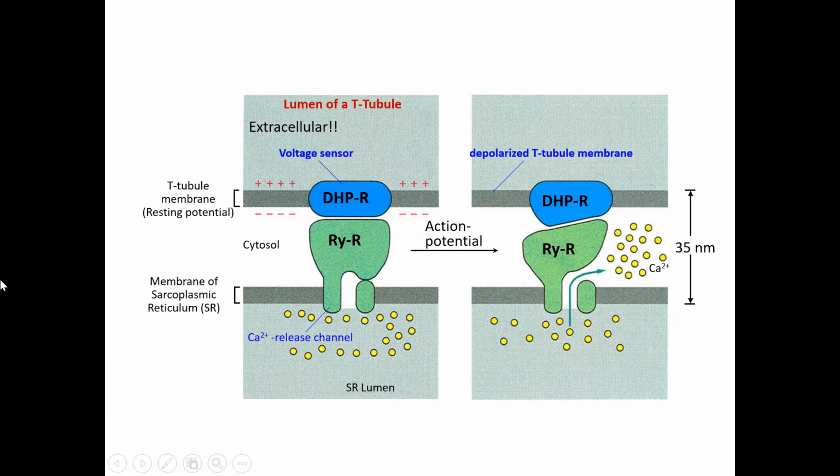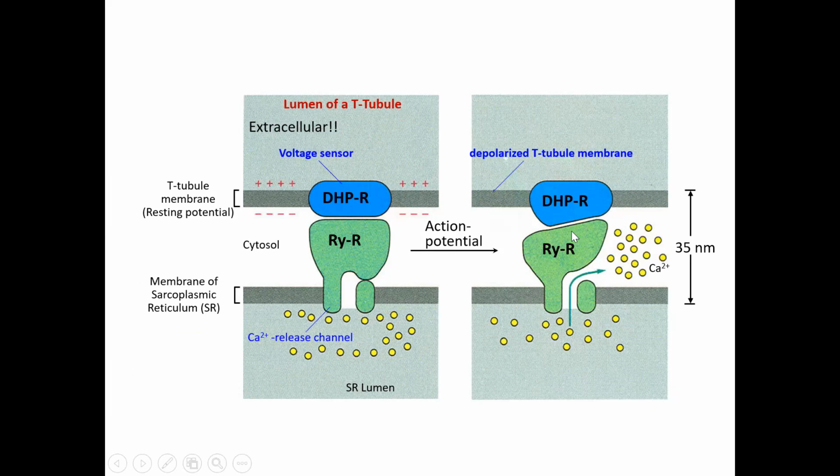And now as an action potential is produced, it means the polarity here changes. Inside becomes positive and outside becomes negative. Then this action potential makes a conformation change in the DHP receptors. And DHP receptors are connected with the ryanodine receptor.